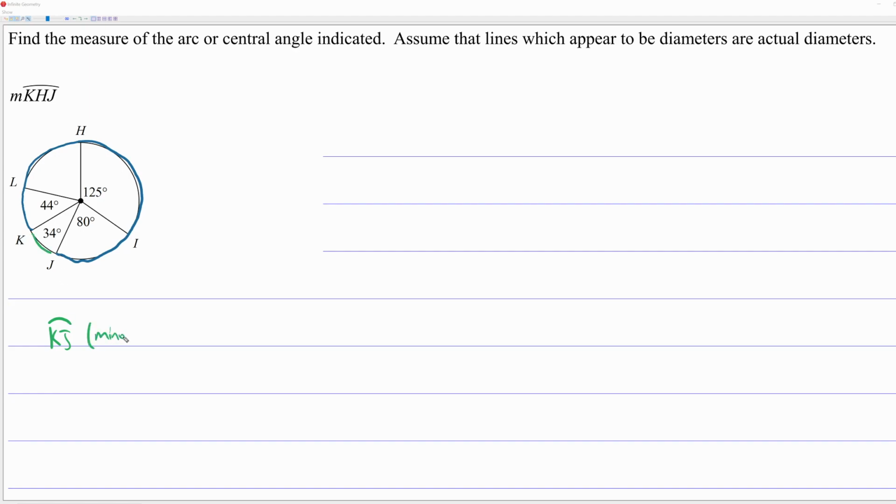KJ is what's called a minor arc, whereas KHJ, that's called a major arc.